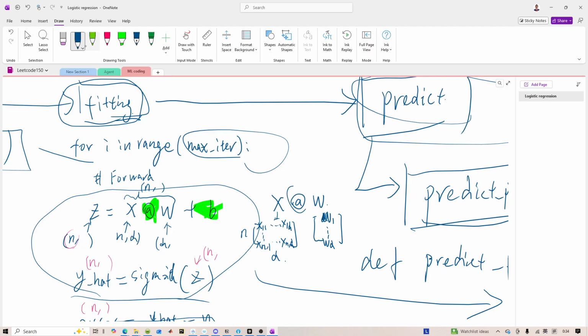If we don't have this kind of vectorized operation, you would need to first compute this one multiplied by that plus dot dot dot, that one multiplied by that, and then you would essentially use a for loop to loop through each row of this and multiply with the corresponding weights and then sum all the stuff up. That will be a nightmare.